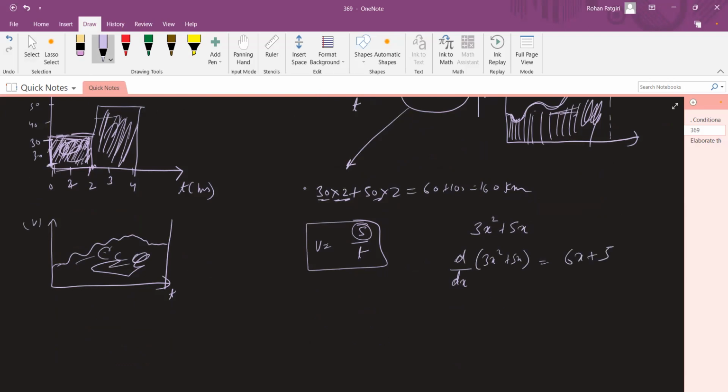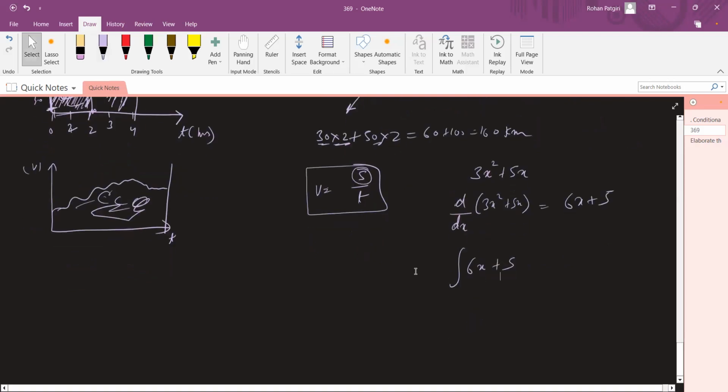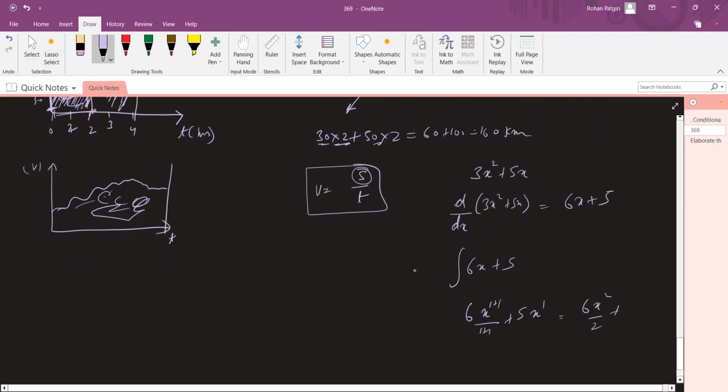So now if someone asks you to integrate this, you will write 6x to the power 1 plus 1 by 1 plus 1, plus 5x, so 6x squared by 2 plus 5x plus c.